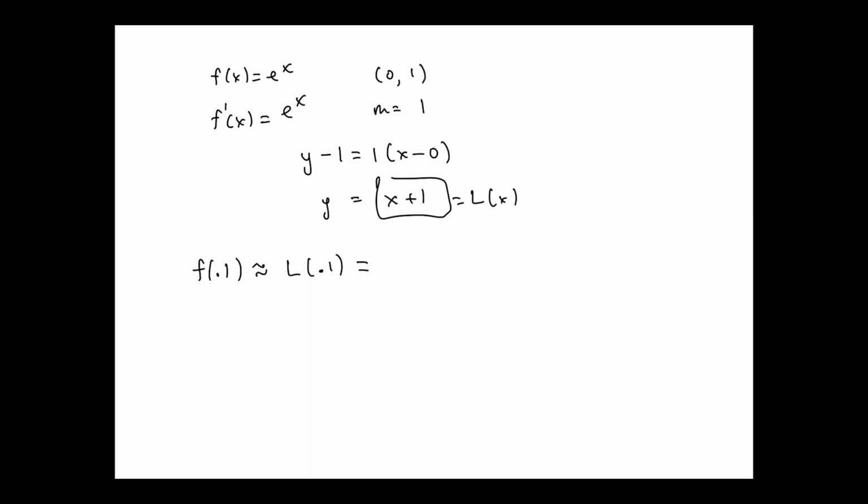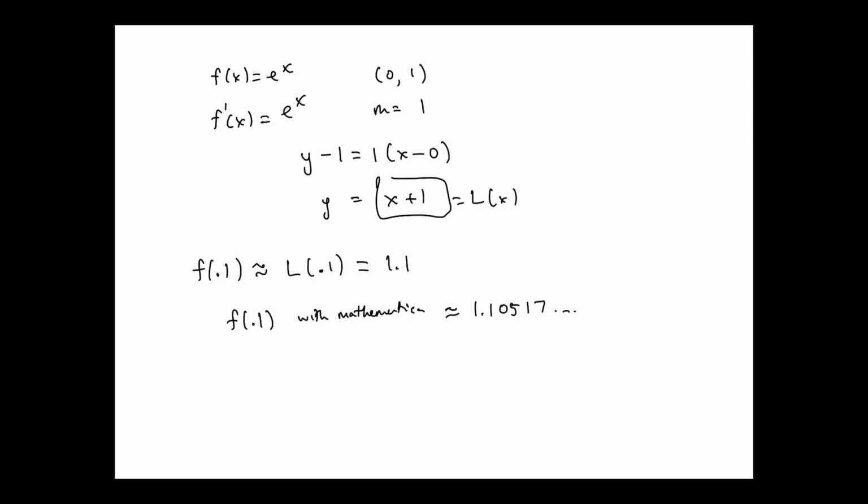What do I get? 1.1. That was easy. Now let's compare this to what e to the 0.1 actually is. The true value using my fancy calculator is about 1.10517 dot dot dot. So it's pretty good, right?